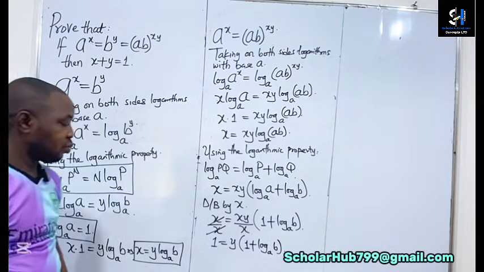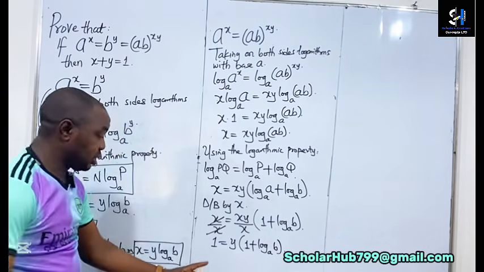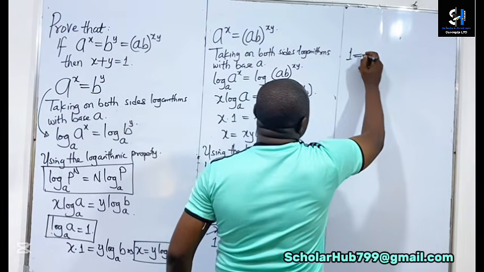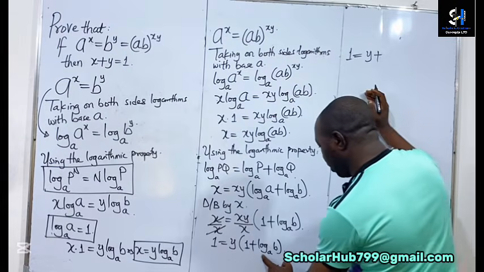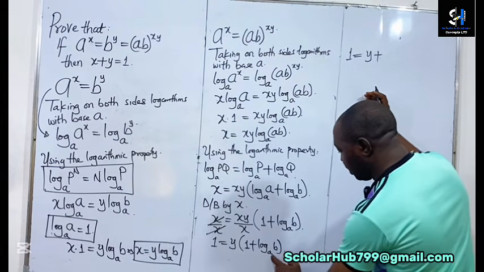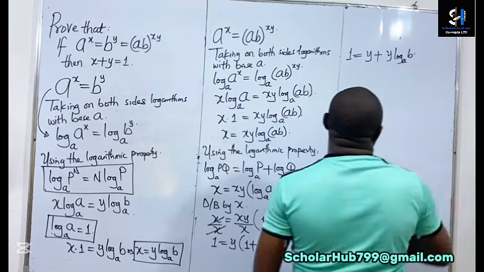Now, to remove the parentheses, I'm going to distribute y. So this will be 1 equals y plus y logarithm to base a of b.